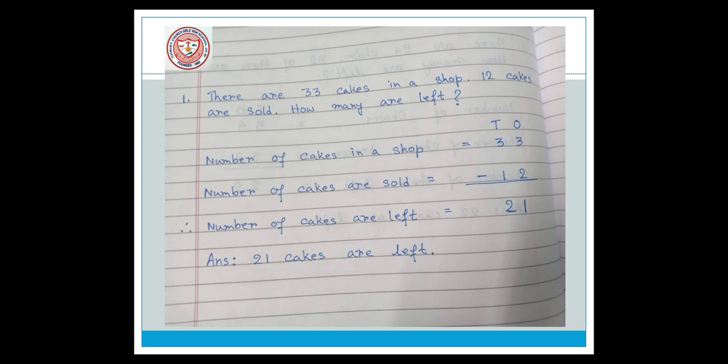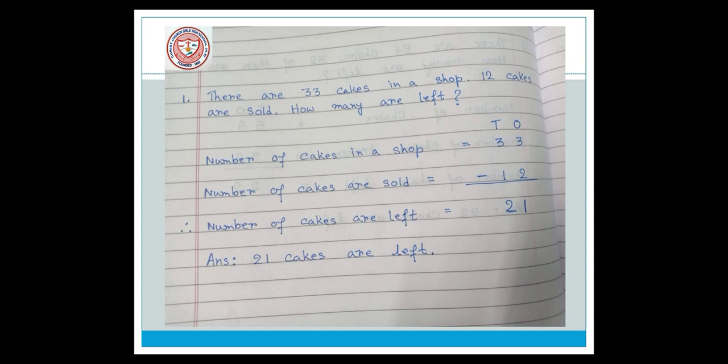Now, we will do the practice work that was given to you in the previous class. Number 1. There are 33 cakes in a shop. 12 cakes are sold. How many are left? Number of cakes in a shop 33.